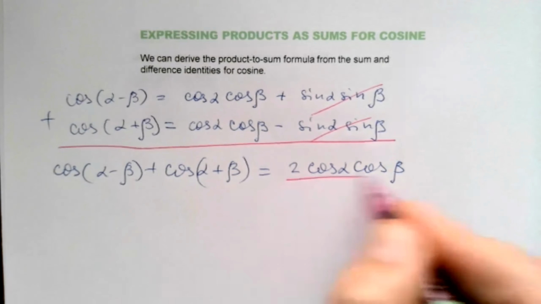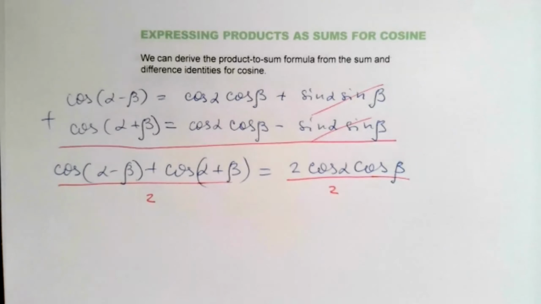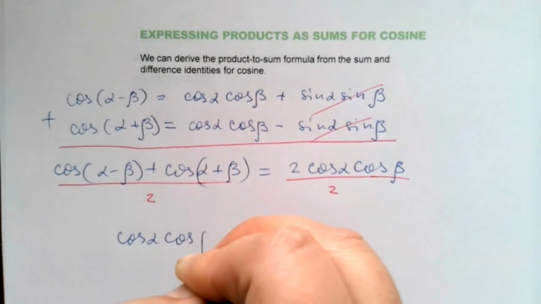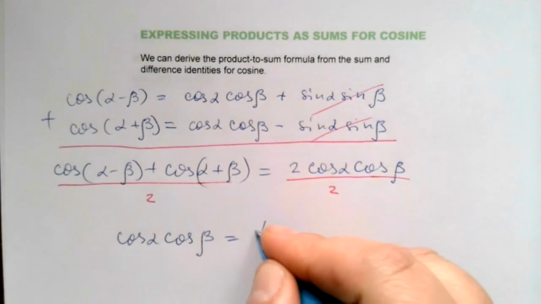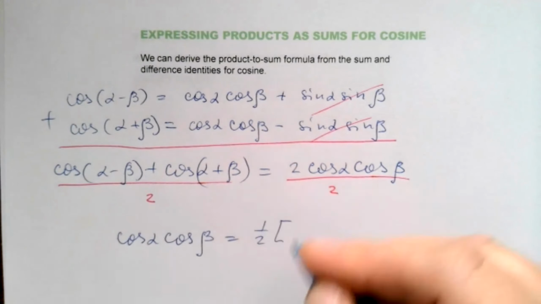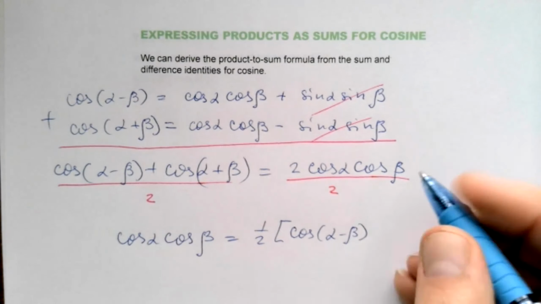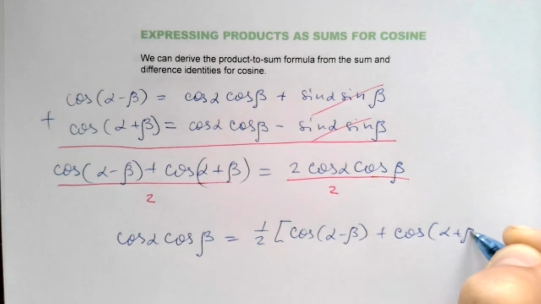So in order to get rid of this constant and just have a product, we're going to divide both sides by 2, and here we have our formula, and I'm going to switch the sides. So on the left side, we have cosine alpha cosine beta, and on the right side, we have 1/2 of cosine of alpha minus beta plus cosine of alpha plus beta.